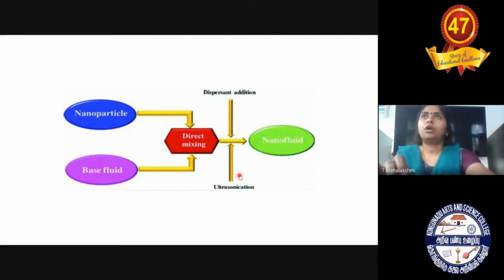Another mode of getting nanofluid is to consider the concentration of the nanoparticle. So either we can concentrate on the solid volume fraction, or we can concentrate on the concentration of the nanoparticle, in which we are going to get the high heat transfer rate.